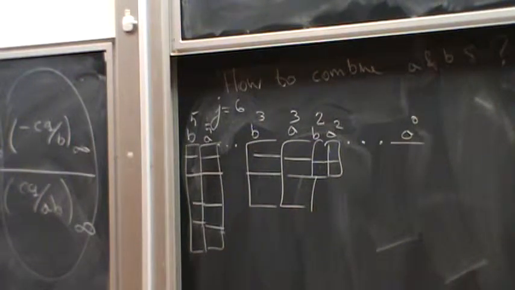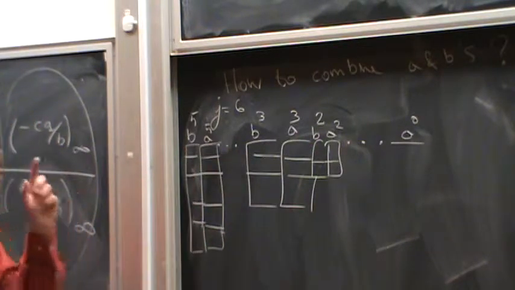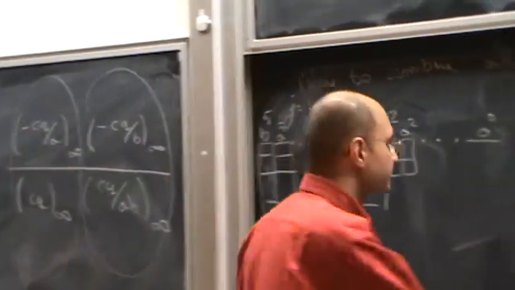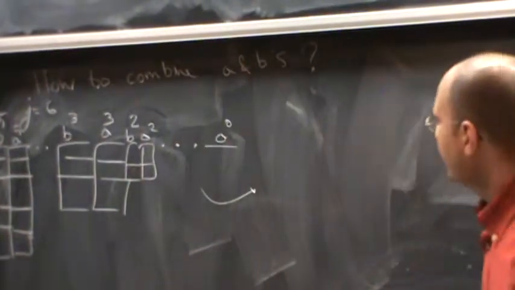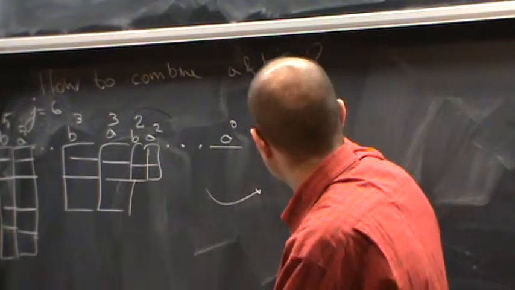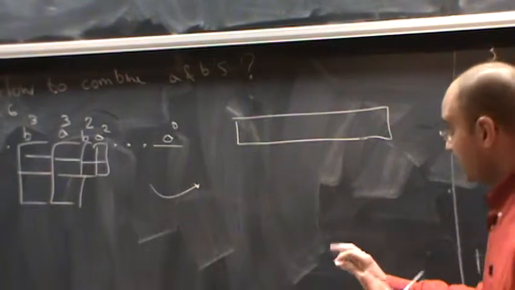How many spaces did we use? We use 1, 2, 3, 4, 5, 6, 7, 8, 9 spaces. But we have to fit these in 6 spaces. And here is the sort of comparison. I'll try to explain the magic in a moment.